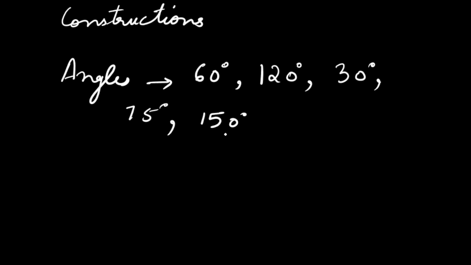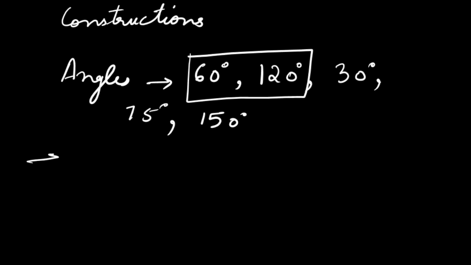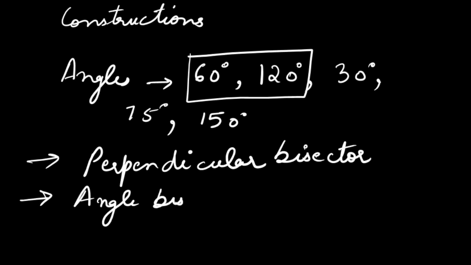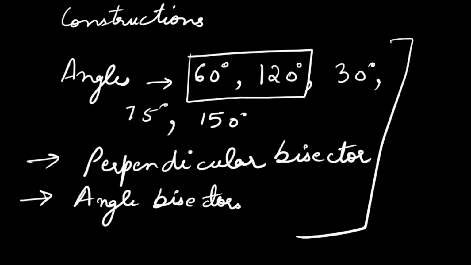All these we can draw. But first of all, I'll teach you only these two. Other than this, I am going to teach you how to draw perpendicular bisector or right angle bisector, and angle bisector. Before starting questions, we'll learn all these three things. So let's start.